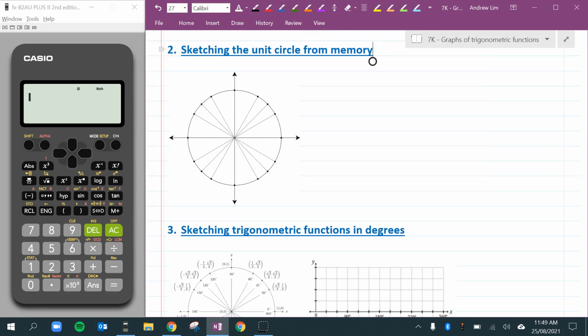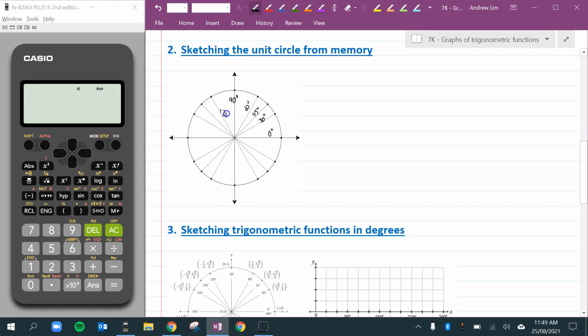So here we've got a unit circle, and it's important for you to know these angles. That's 30, 45, and 60. Let me put a 0 in as well. 90 degrees. And they're the main ones you need, right? Once you know how to do that, you should be able to complete the rest. I'm just going to put the rest of these angles in.